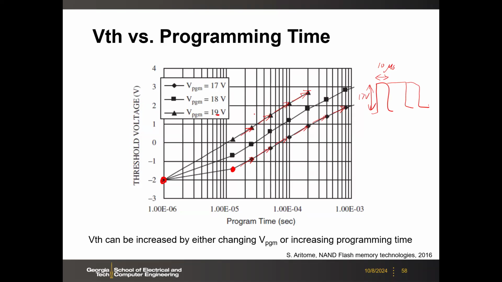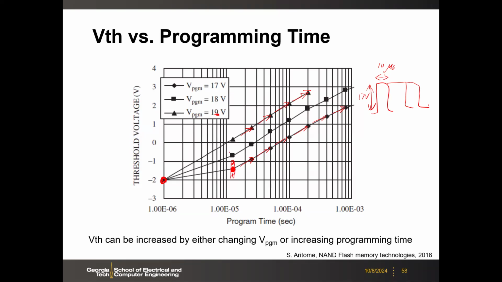But this is not very easy because of device variations. It's not that every time you apply this condition, like 17 volts, 10 microseconds, you always end up here. It may overjump here and here from device to device, or even for the same device this time and next time, there's a variation.